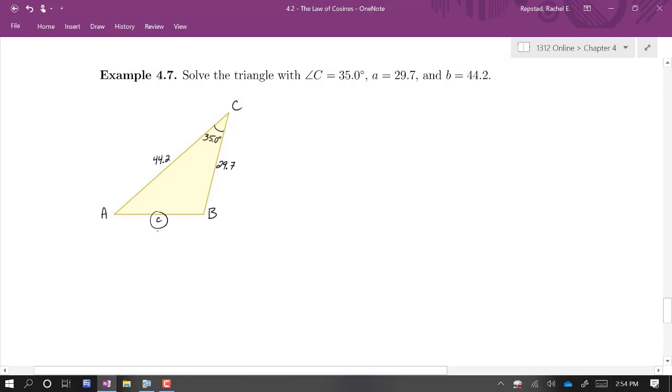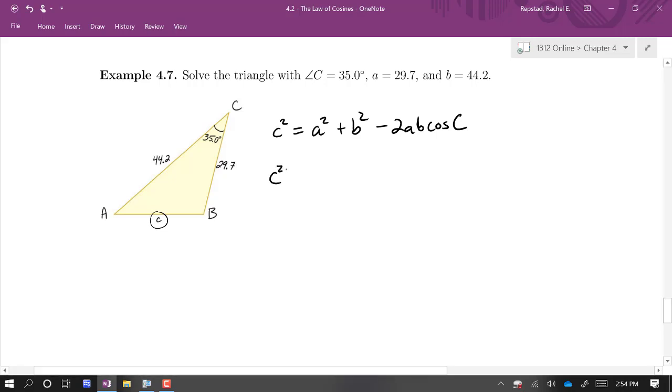So I want to use the equation that begins C squared equals A squared plus B squared minus 2AB times cosine of C. I know everything, all the values that go on the right side of the equation.